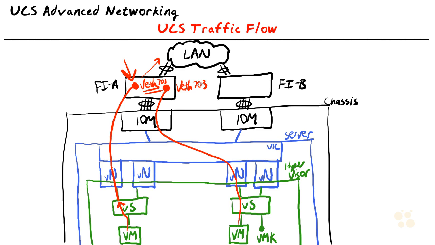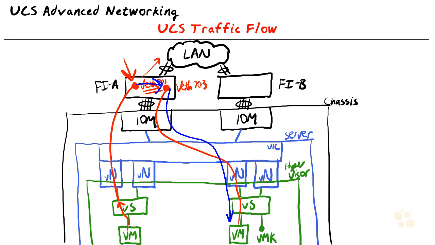So UCS is going to receive the traffic from the VM on the left. It's going to forward that traffic to the other virtual Ethernet port, which will send it right back down to the other virtual machine. So one thing to note, first and foremost, is that these two virtual machines, even though they're on the same server, the same physical hardware, it has to go all the way up through the I/O modules and out to the fabric interconnect in order to get switched back down.